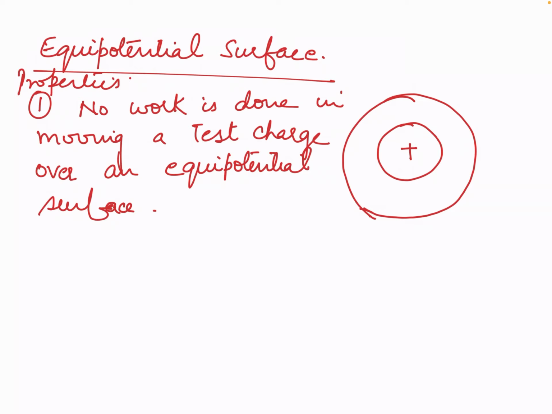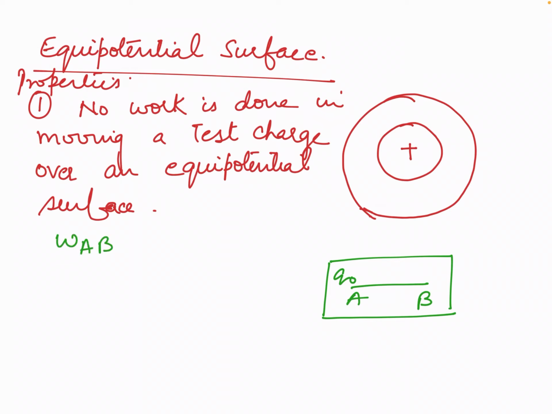Now suppose we have a surface that is equipotential, and there are 2 points A and B. If the test charge is moved from A to B, then the work done in moving a test charge from A to B, WAB, will be equal to charge multiplied by potential difference, that is Q0 into VB minus VA.